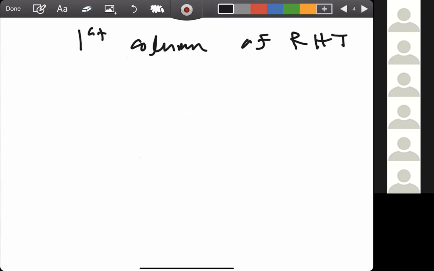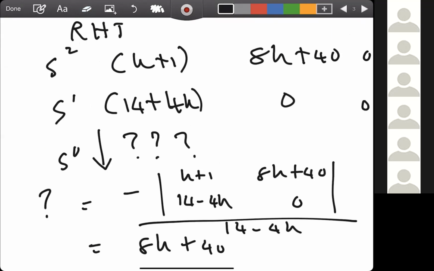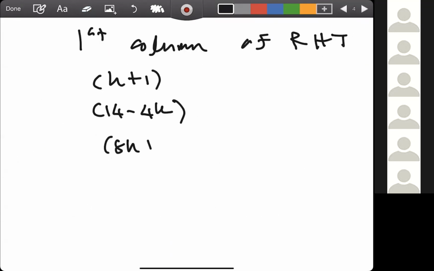What is the first column here? The first column here is K plus 1, 14 minus 4K, and 8K plus 40. So this must be greater than 0, greater than 0, greater than 0.